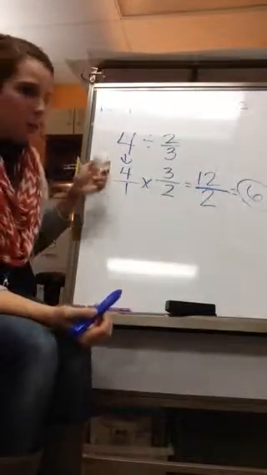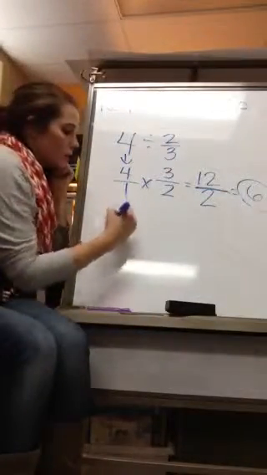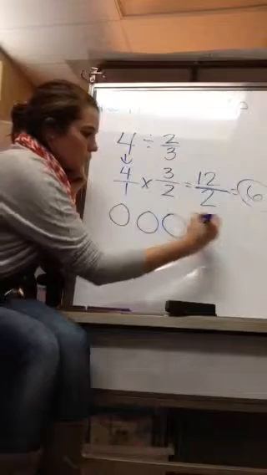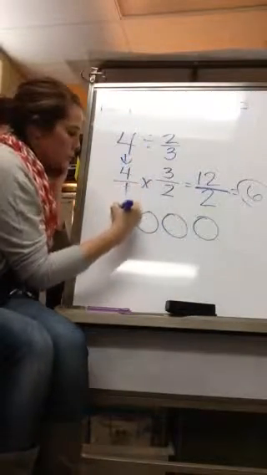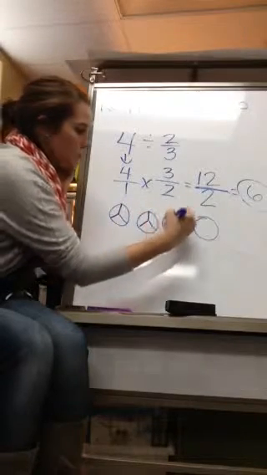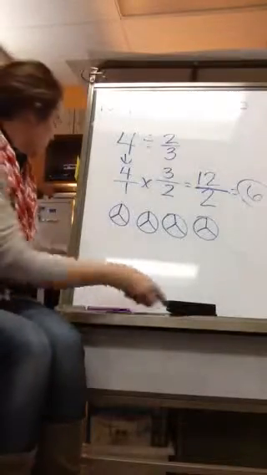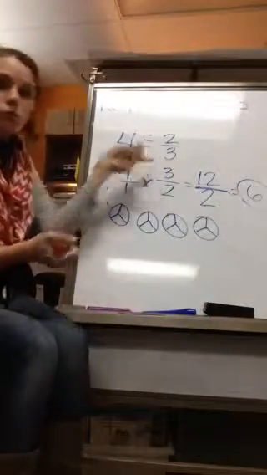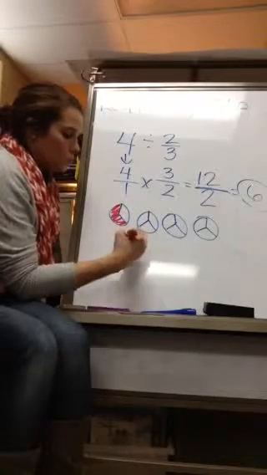Now let's double check with a picture. Are there 6 groups of 2/3 in 4? So let's have 4 circles. I said pies, right? And I'm going to split them into thirds. And then we're going to count up the 2/3. I'll shade them in red. So how many groups of 2/3 do I have? There's 1/3, 2/3. I'm going to tally.